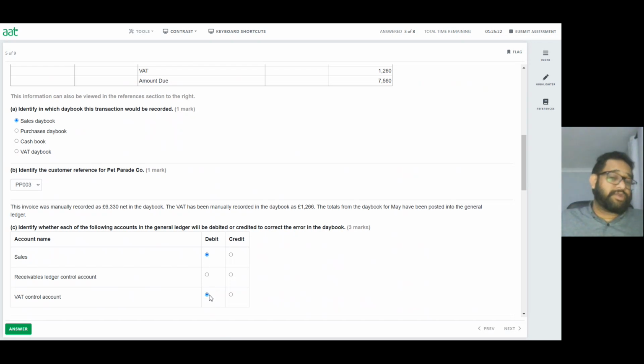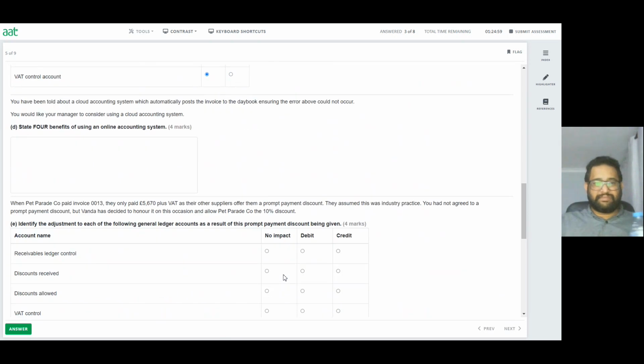The other entry, on the sales receivables ledger control account, RLCA, was entered on the debit side initially. That shows a higher amount of assets, but now we have to remove it because the invoice was incorrectly entered. So that needs to be entered on the credit side to remove the incorrect balance.